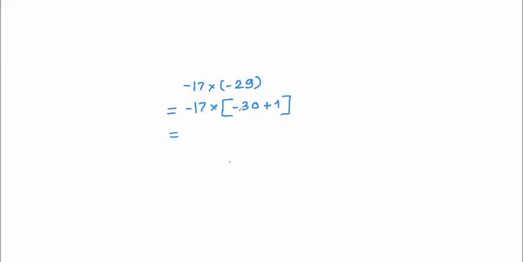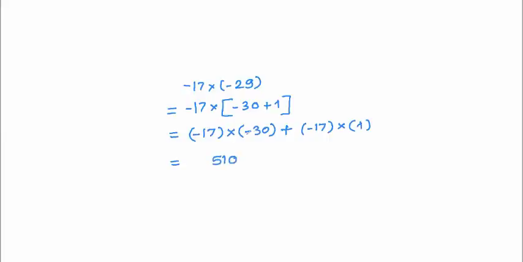So A into B: minus 17 multiplied by minus 30. And then while going to the next number, there is a sign in between, plus. So plus remains here. Minus 17 multiplied by 1. Now solving this, 17 into 30. 17 threes are 51, so 510.